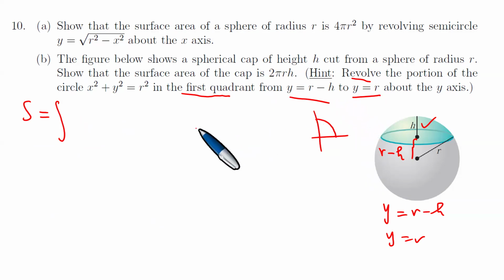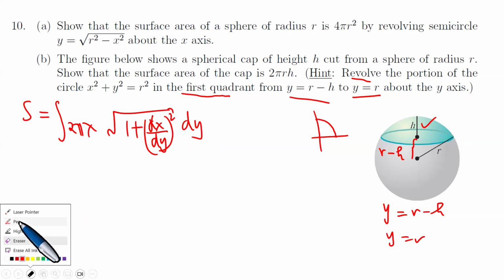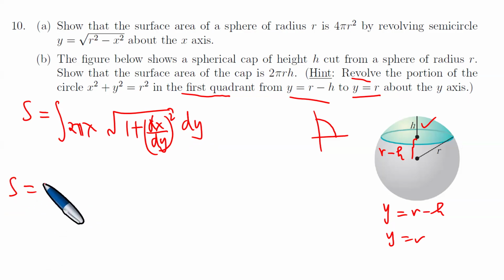So now, these are the y limits of integration. Y limits of integration means that you're going to have a dy, and with the dy, we have 2 pi x times the square root of 1 plus dx/dy squared.